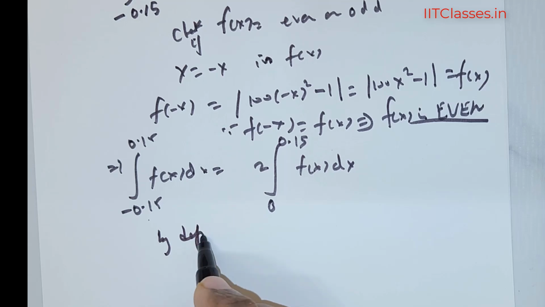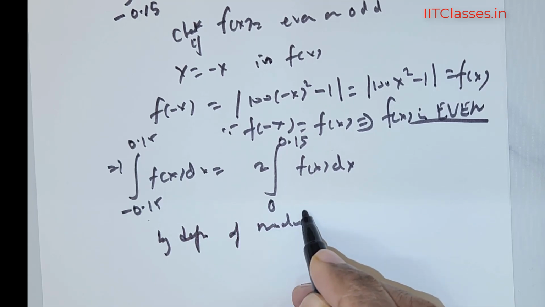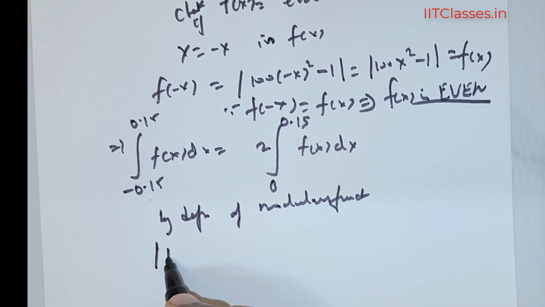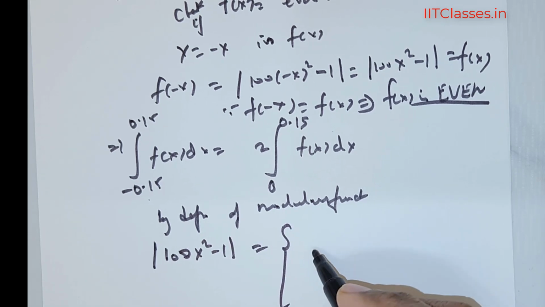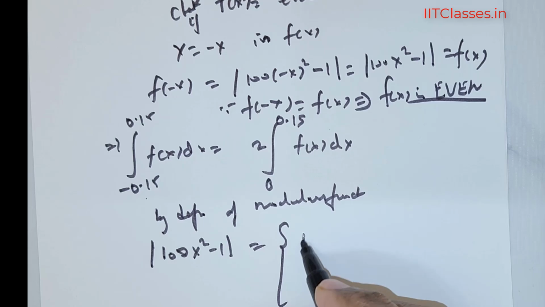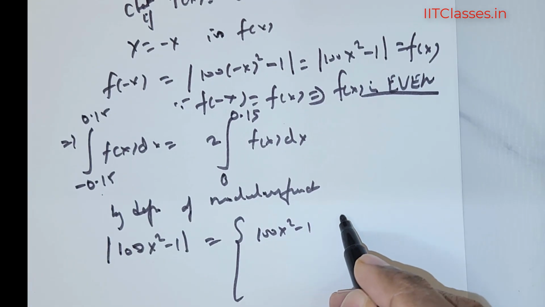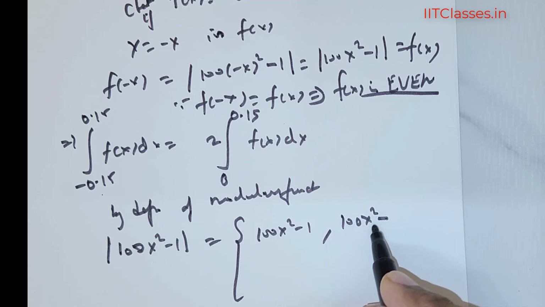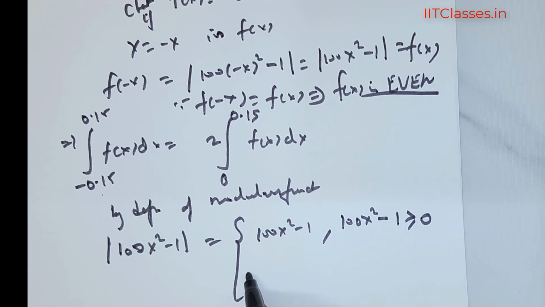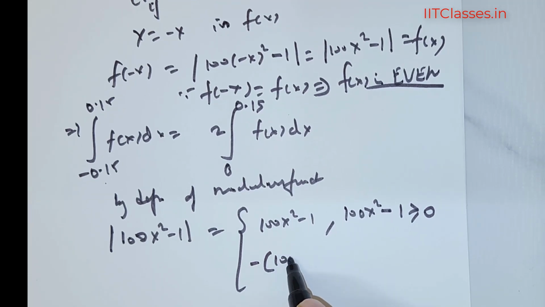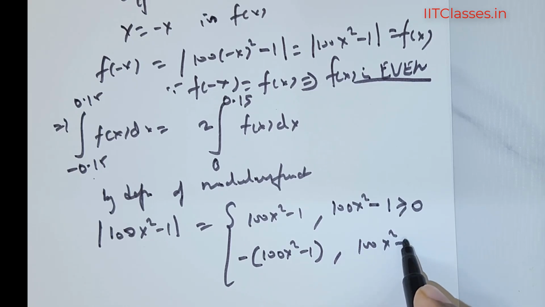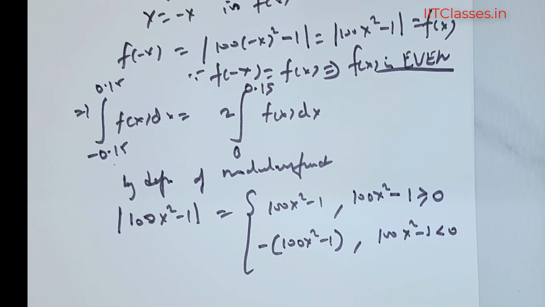Now, by definition of the modulus function, we have the following. The modulus of 100x squared minus 1 is equal to 100x squared minus 1 for all 100x squared minus 1 greater than or equal to 0, and it is equal to the negative of 100x squared minus 1 for all 100x squared minus 1 less than 0.